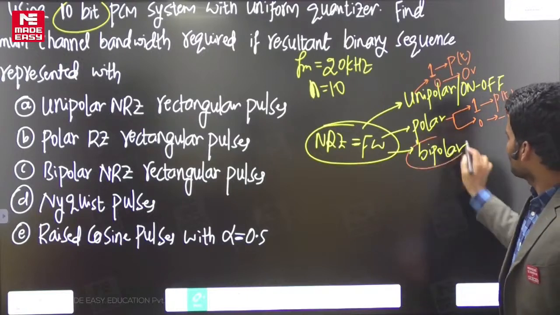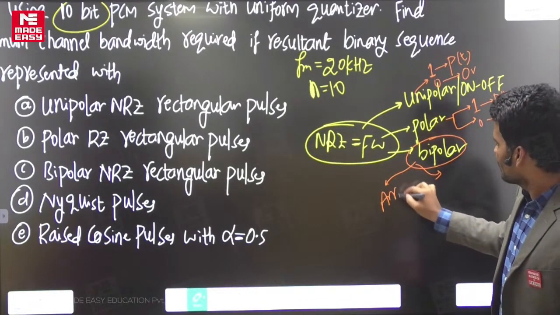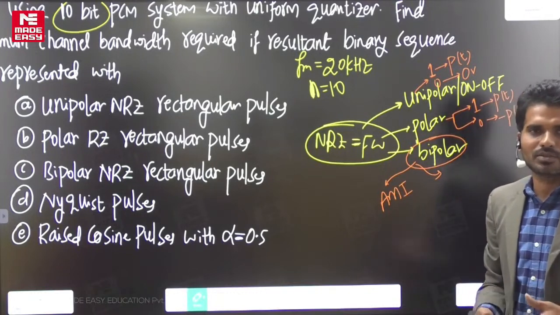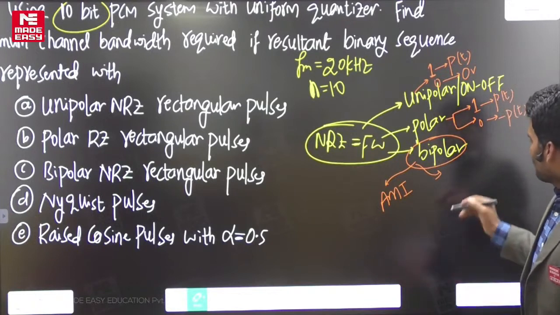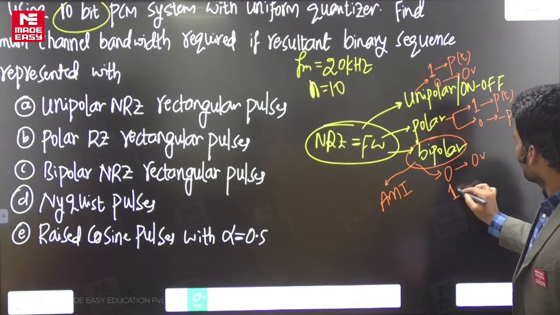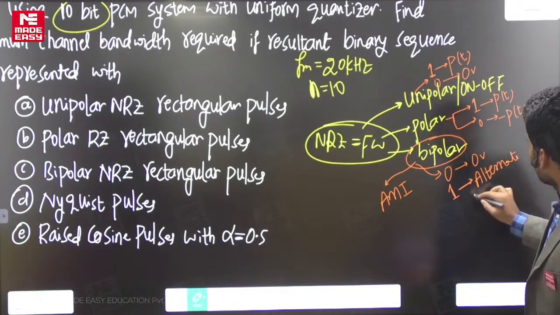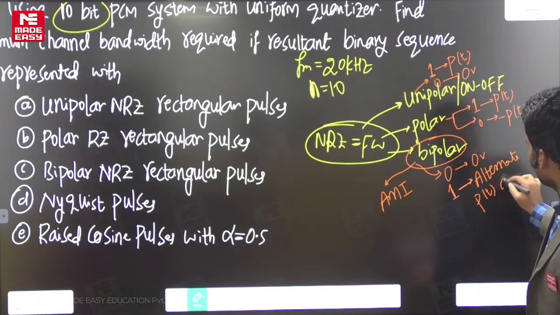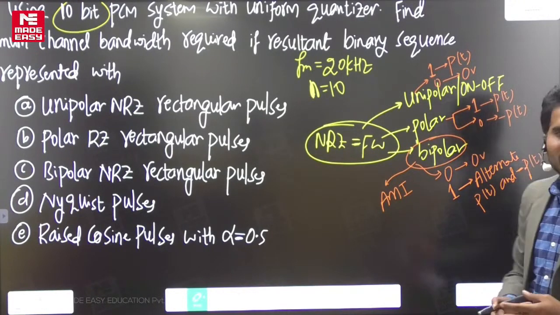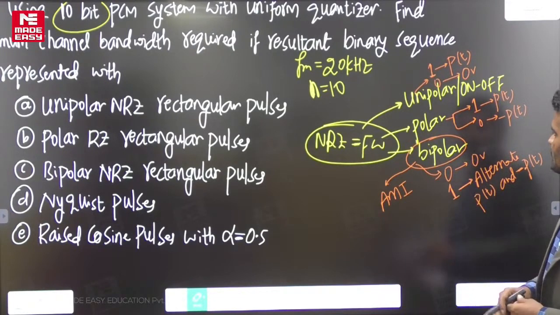And bipolar is also called AMI, alternate mark inversion, or pseudo-ternary coding. In bipolar, binary 1 is represented by alternate positive and negative pulses, PT and minus PT, and binary 0 by 0 volts.